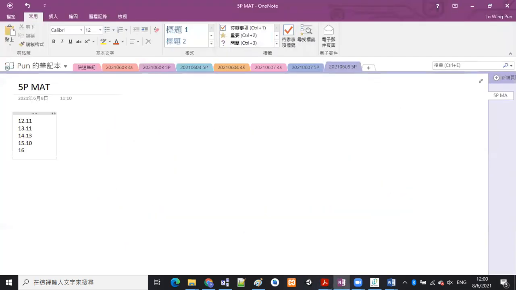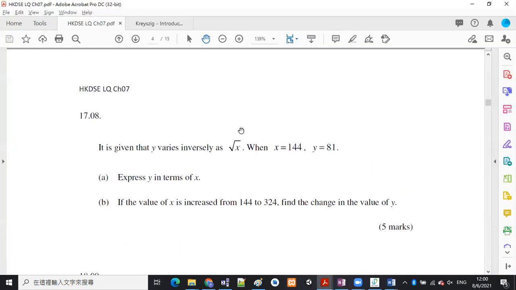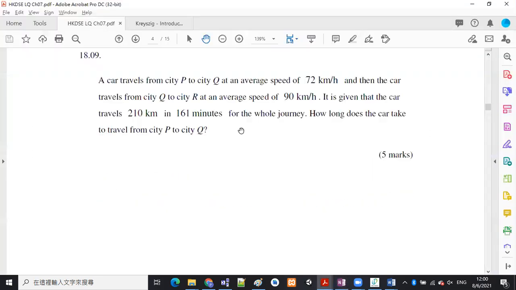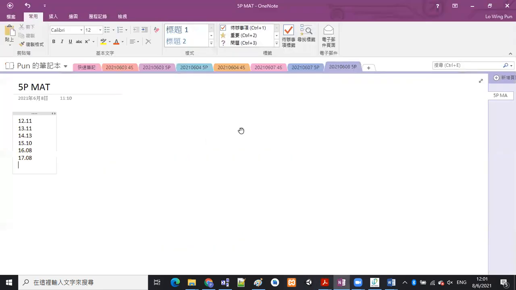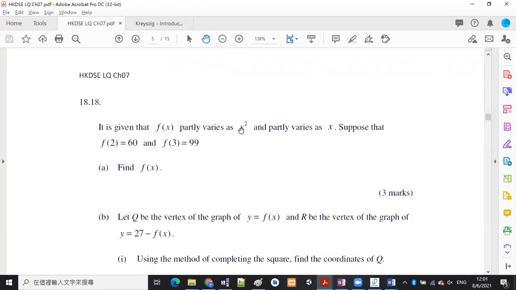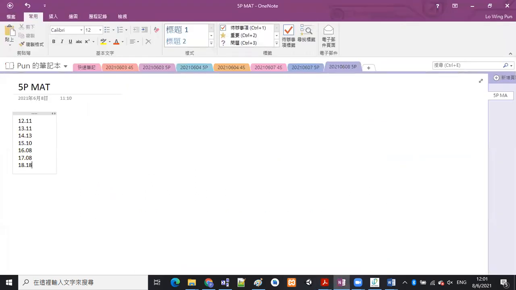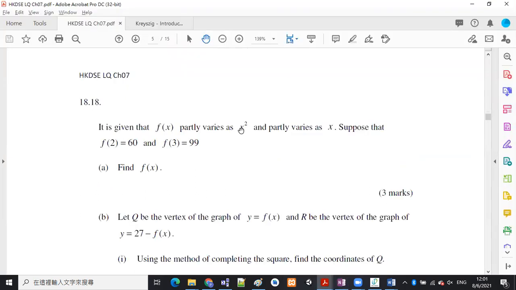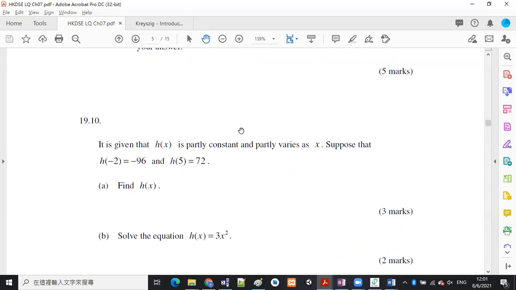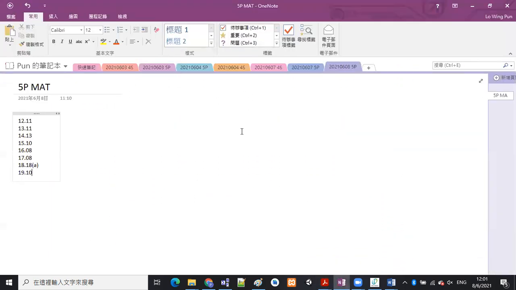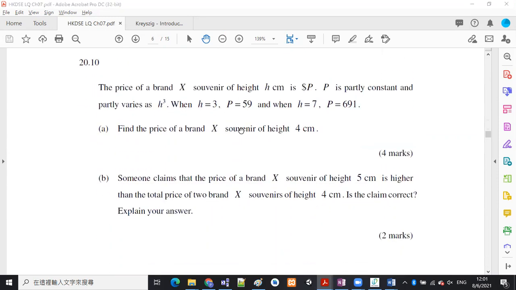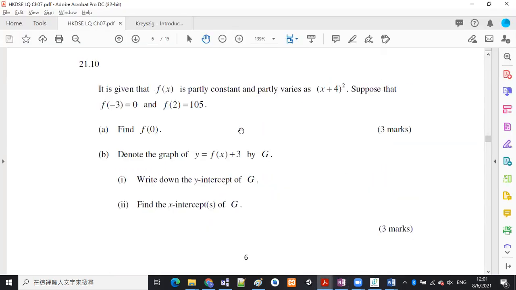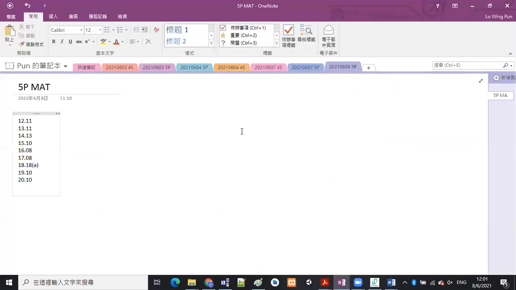Yes, 16.08. And any more? 18.18. 18.18 should be just part A. 19.10. And then 20.10. And then 21.108.